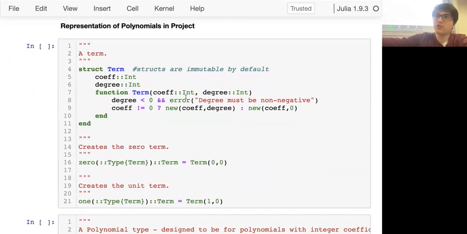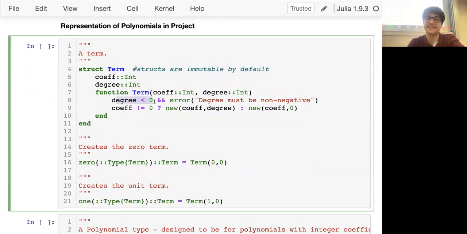This is how we're representing polynomials in the Julia project. I said a polynomial is a sum of terms, so the first thing we want to do is define what a term is. A term has a coefficient and a degree, as we discussed. We can't instantiate terms that have degree less than 0, because that's not a polynomial; the exponents have to be positive integers. And we have to be careful about zeros, right? If you give me a coefficient that's 0, what should 0x squared be instantiated as? The 0 polynomial, right?